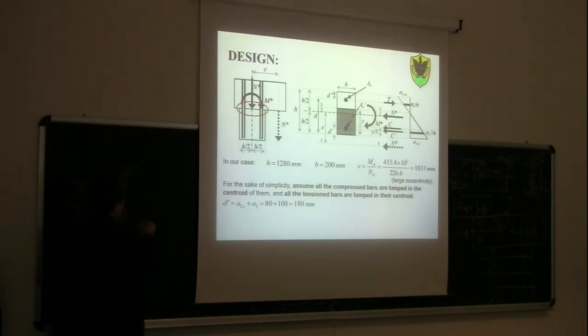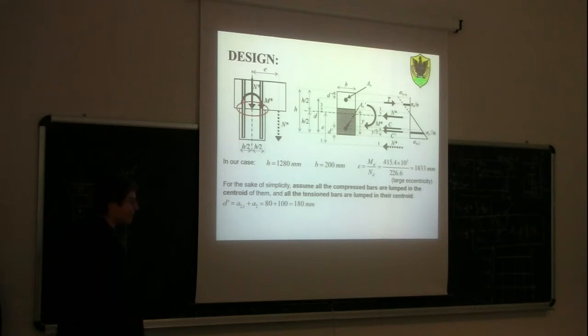This is A2T, and this is A2. So d prime is A2T plus A2.